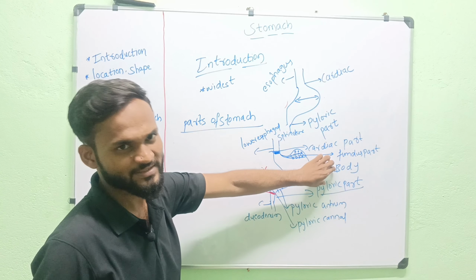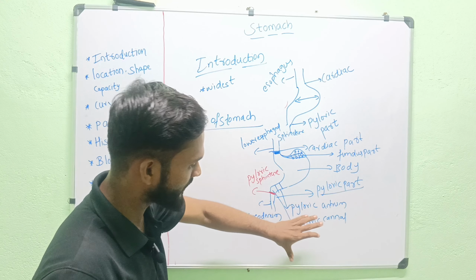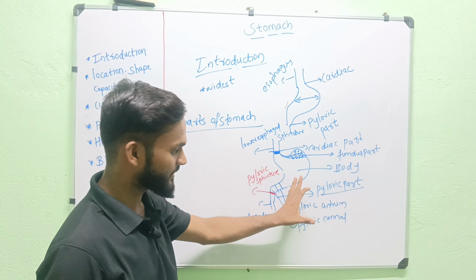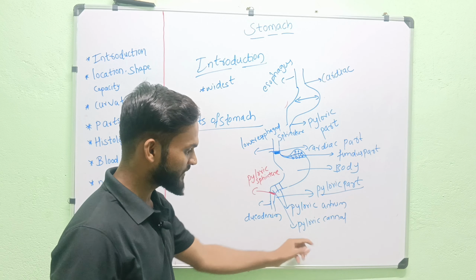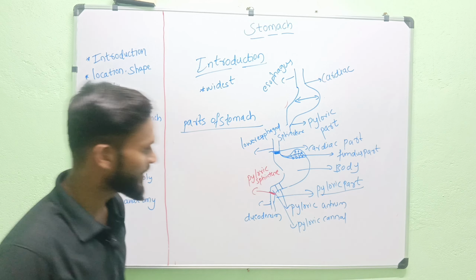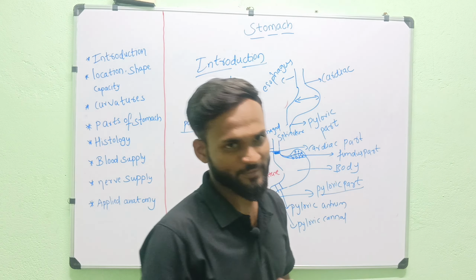It is one of the largest and widest parts of your stomach. The pyloric part is divided into two parts: the pyloric antrum, which is connected with your stomach, and the pyloric canal, which continues with your duodenum. Near the pyloric canal there is a sphincter, known as the pyloric sphincter.